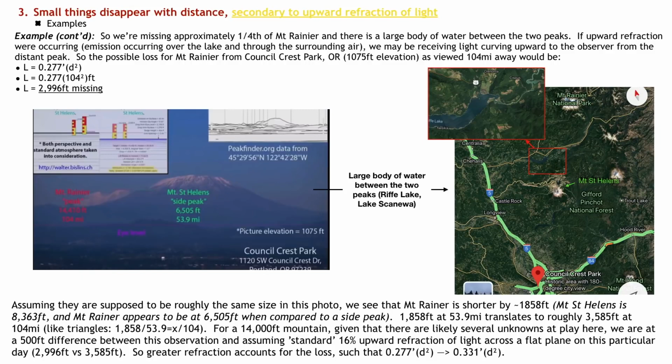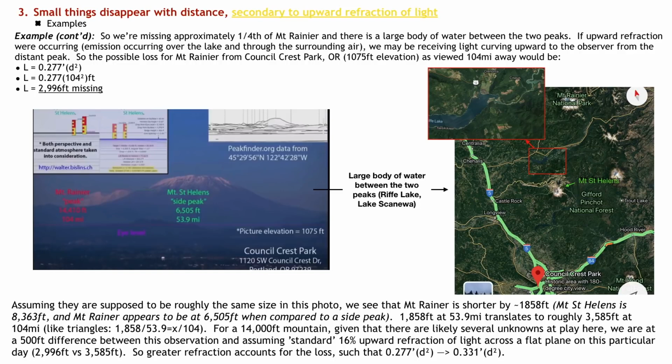So we're missing approximately 1/4 of Mount Rainier, and within that photograph you can see how short Mount Rainier is. And there is a large body of water between the two peaks. If upward refraction were occurring, or emission occurring over that lake and in the surrounding air, we may be receiving light curving upward to the observer from that distant peak.